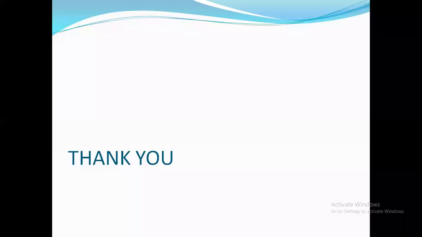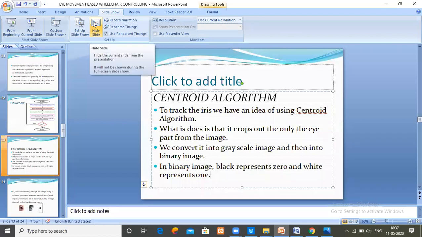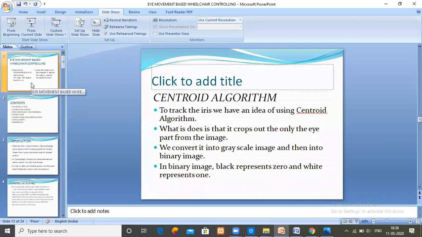This is my project, my concept for the technical seminar that I have taken. I'm very sorry if I have made any mistake, but I will try to improve myself on what the lecturers suggest. So this is about my project. Thank you so much.